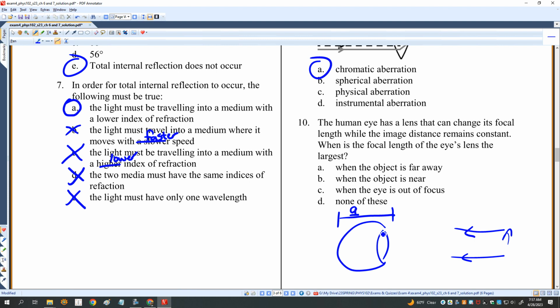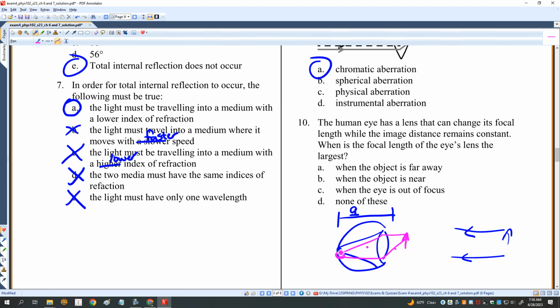When they're parallel, those rays will focus at the focal point. If an object is up close, then the focal points move in, so the light rays will still focus on the retina, but they follow a different path.